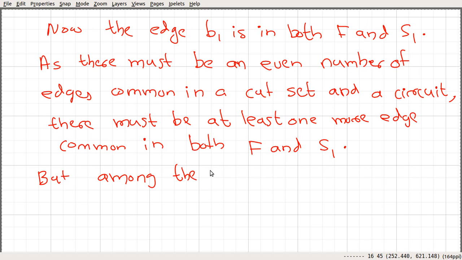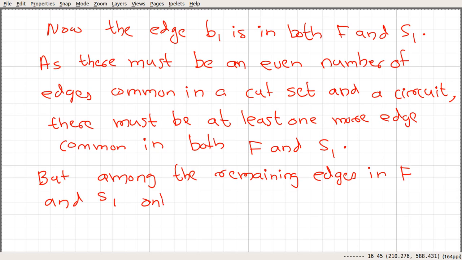Among the remaining edges in F and S1, only a chord can be common in both.